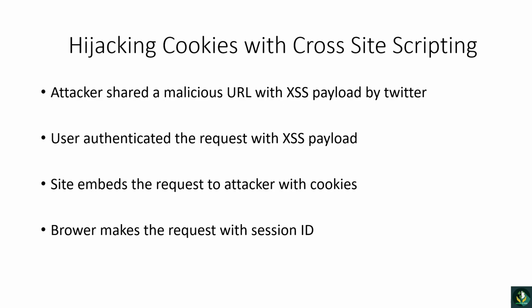So we wouldn't have to use Twitter, email, or any other channel to socialize the link, because the attack is persistent in the database. Again, this is a style of attack that I will go into in detail later.